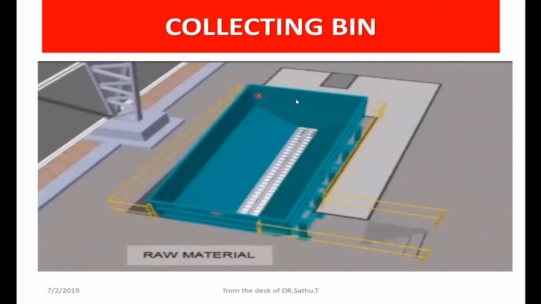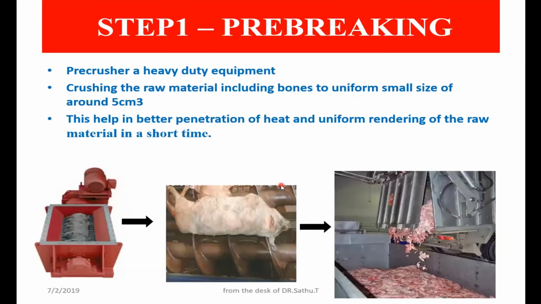In some places, a cool temperature will be maintained in these collecting bins so that the rate of spoilage can be decreased. From the collecting bins, it goes to the next process, that is pre-breaking.